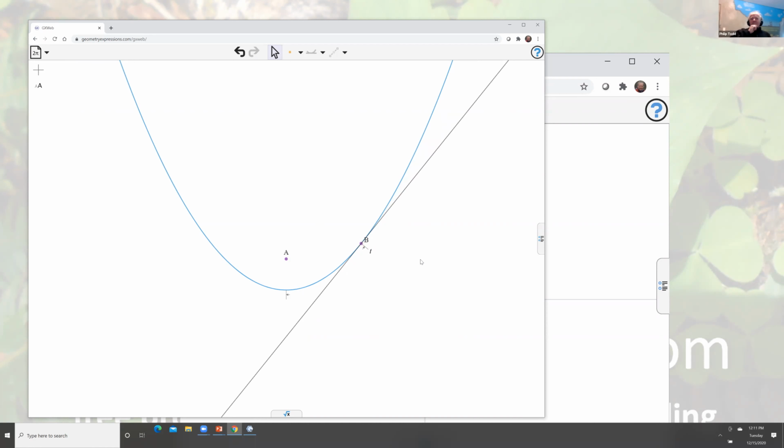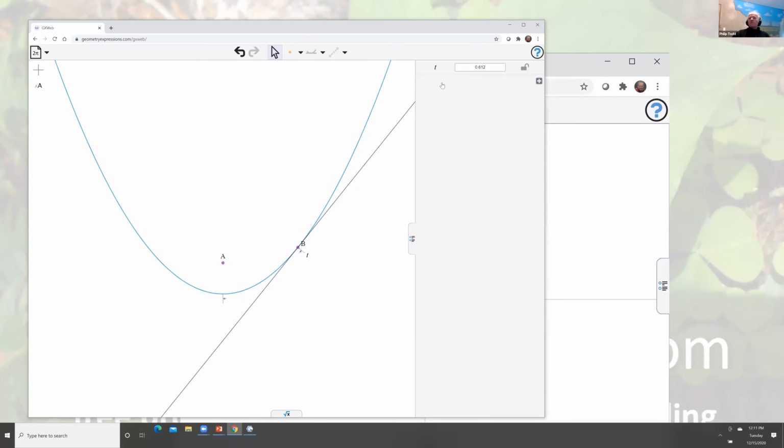So what is this T? Well, it depends on what kind of curve you have. If you have a parametric curve, it's the parameter. If you have a function, it's the x coordinate. Now we can open up this panel over here, which is our numeric panel, and we can see, in fact, there's t, and there it has a value, and as we drag t, the value changes.